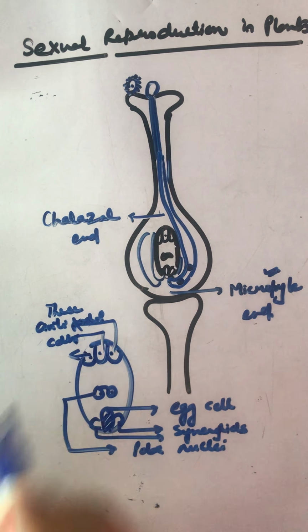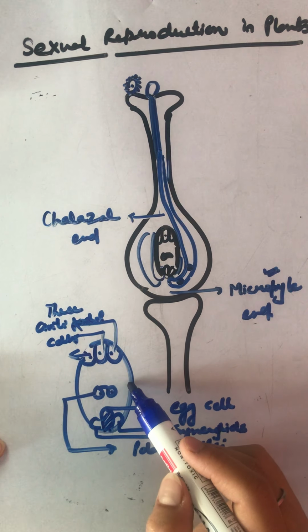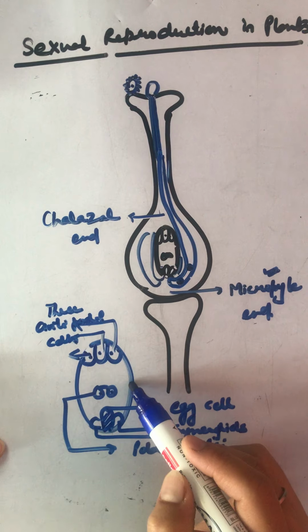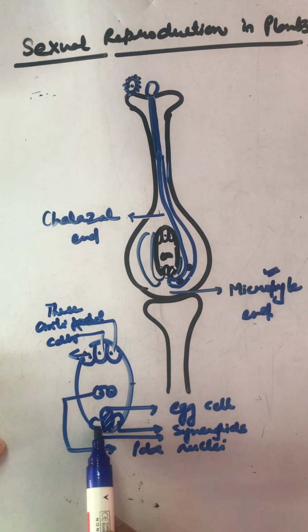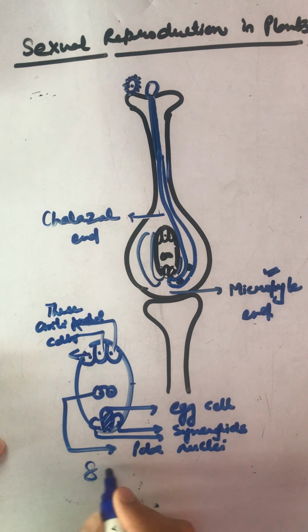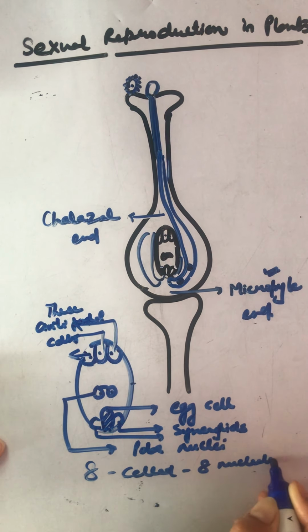Antipodal cells. Clear? This is a 7-celled, 8-nucleate structure. Now, we can easily see 1, 2, 3, 4, 5, 6, 7, 7-celled and 8-nucleate structure.